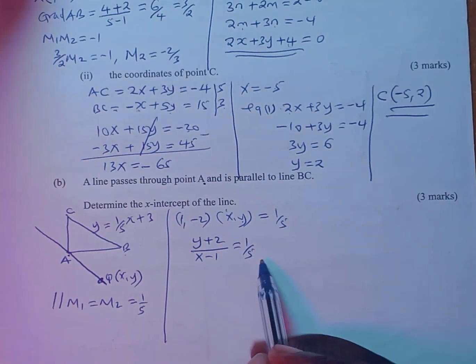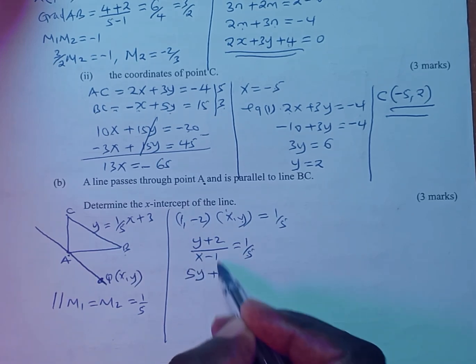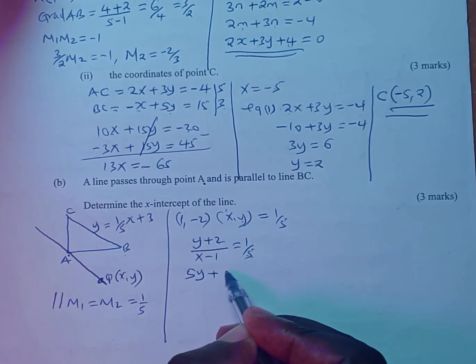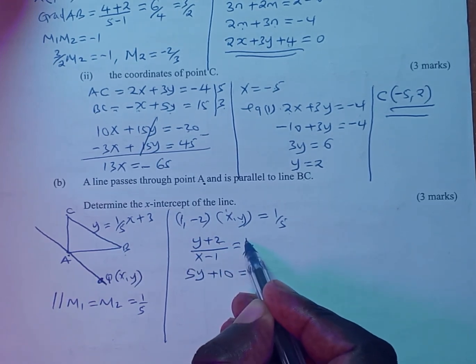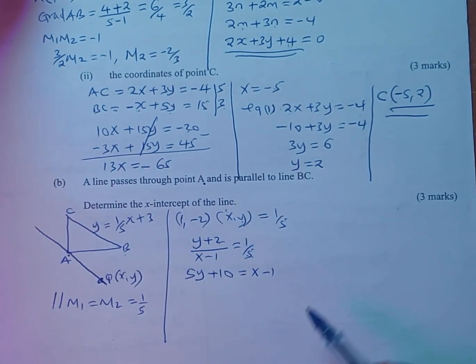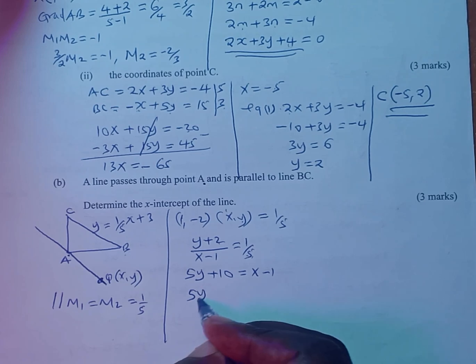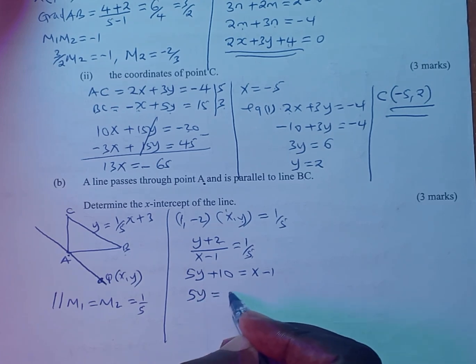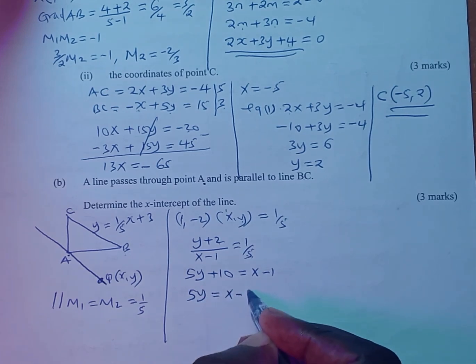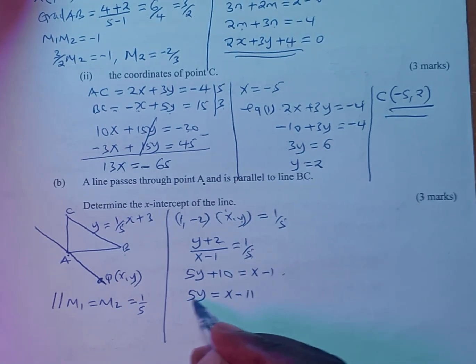So we proceed and cross multiply. 5 times y, you get 5y, plus 2 times 5 gives us 10, and this one is going to be 1 times x is x, 1 times -1 gives us -1. Collecting the like terms, we are going to have 5y being equal to x minus 11, because if we take 10 to the other side, it becomes a negative.